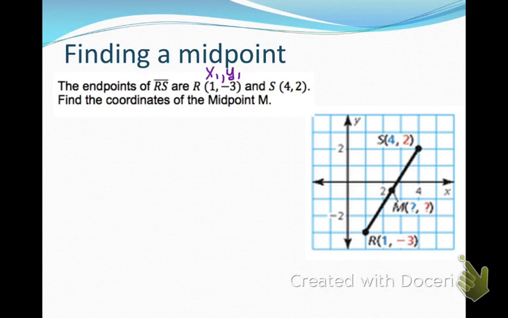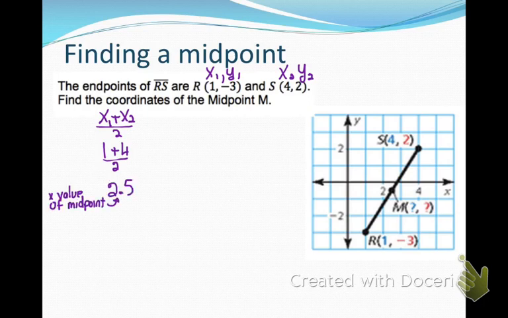Let's just call one of my points x1, y1, and the other point x2, y2. So I'm going to add my two x values together and divide by 2. And 1 plus 4 divided by 2 is going to give me 2.5, which is going to be the x value of my midpoint.